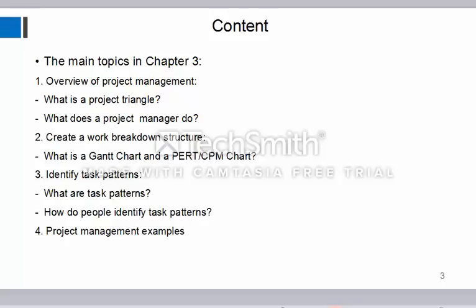The purpose of identifying task patterns is understanding the meaning of task boxes. Then we should learn to manage risks and make a successful systems project.